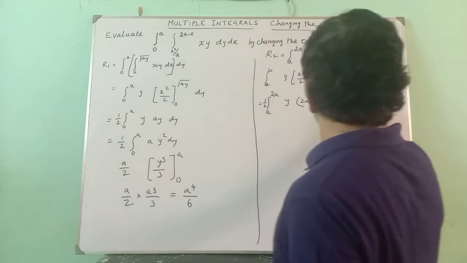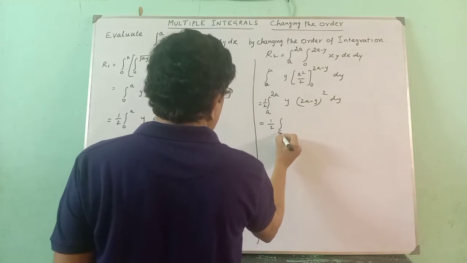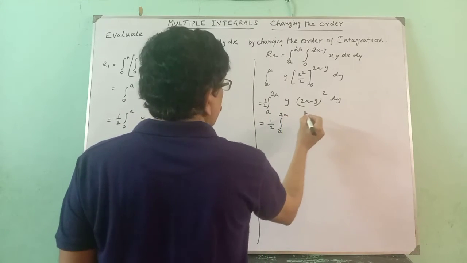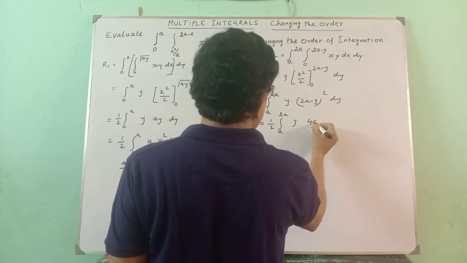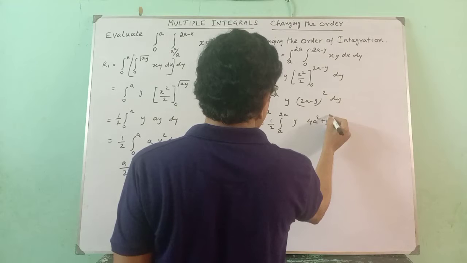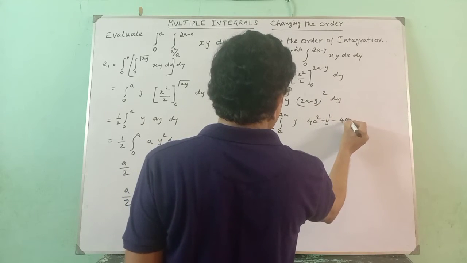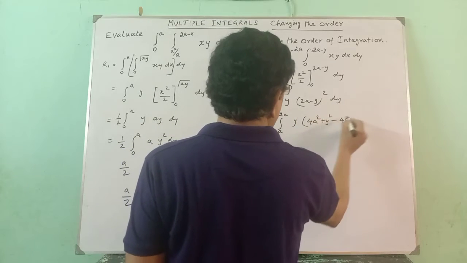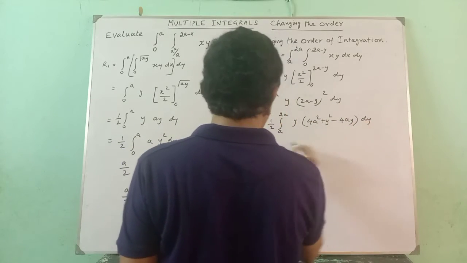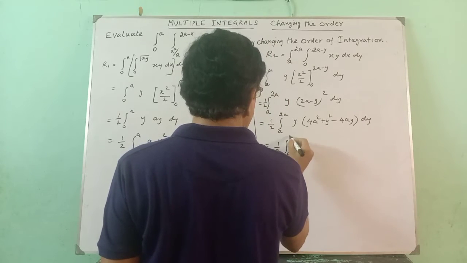1 by 2, a to 2a. This is the a minus b whole square formula: a square plus b square minus 2ab. 2ab means 2 into 2a into y, 4ay.